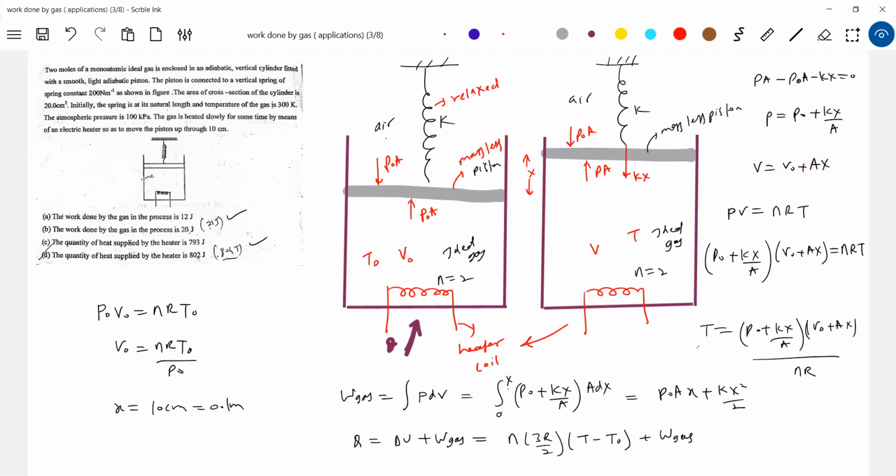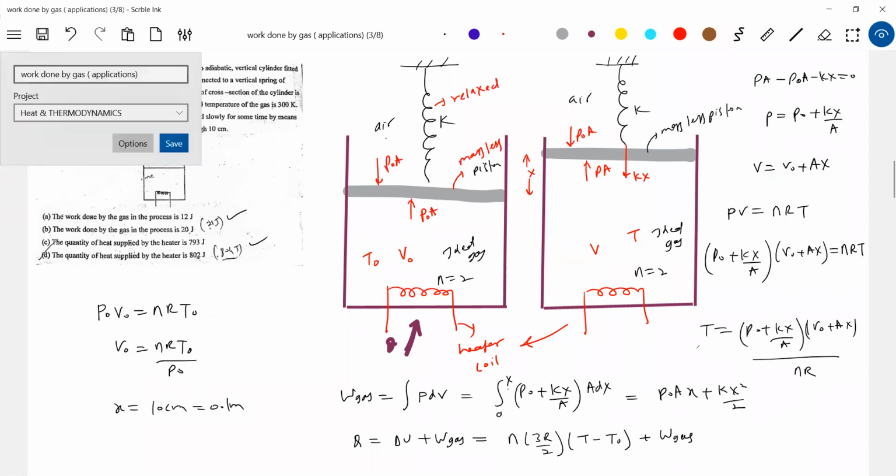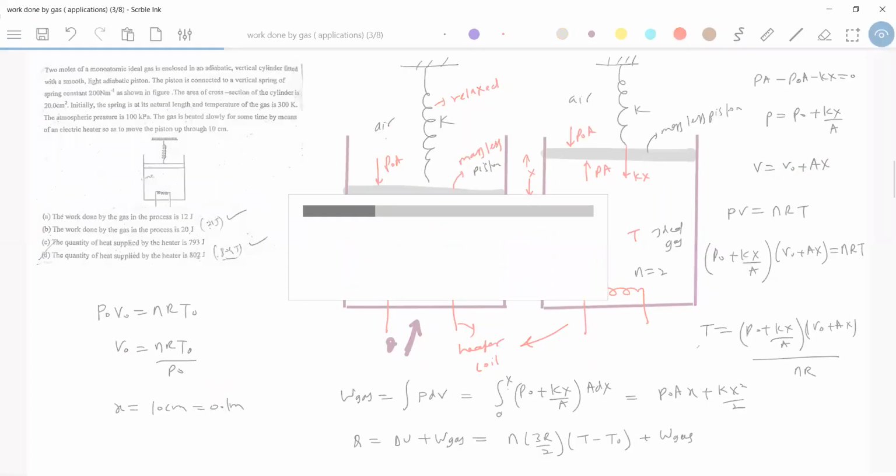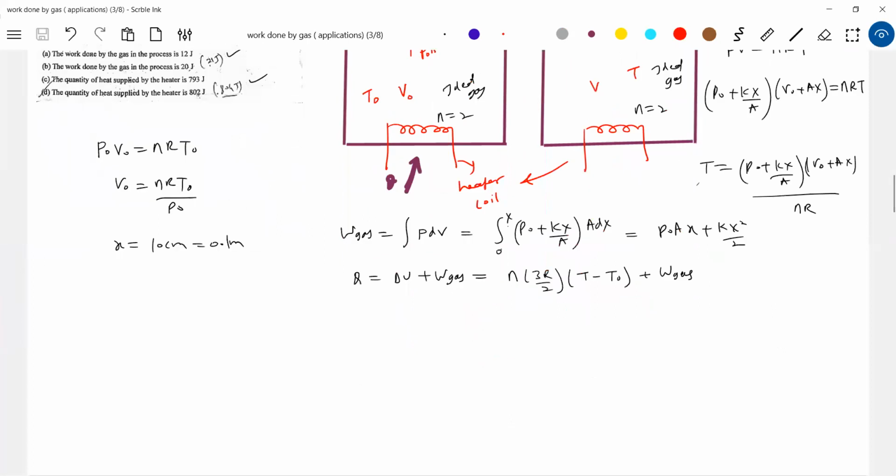You just have to fight with the terms which are available here. I'll scroll down. Read this one.